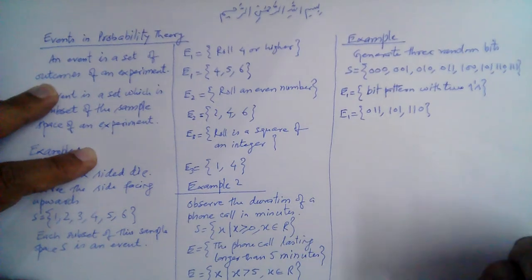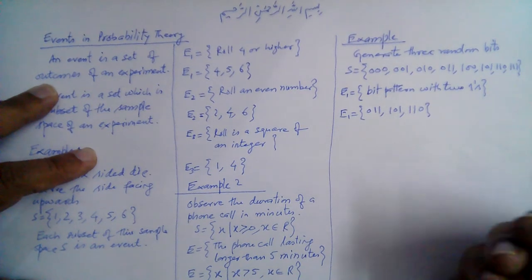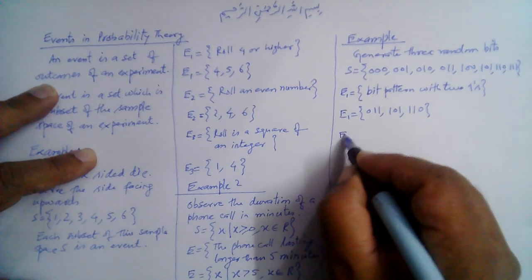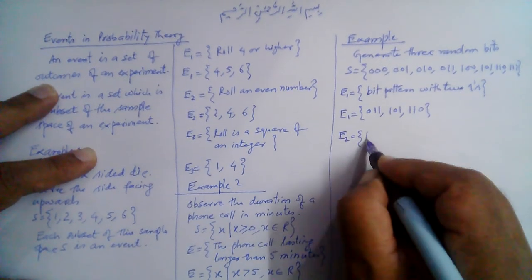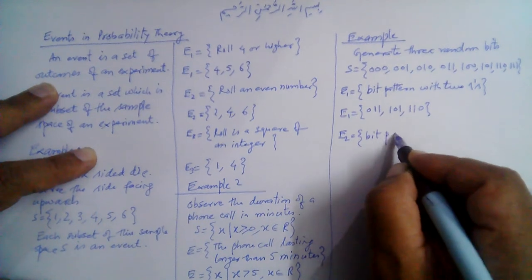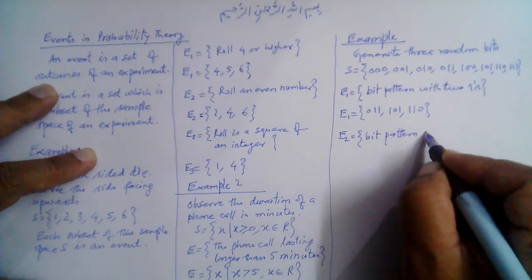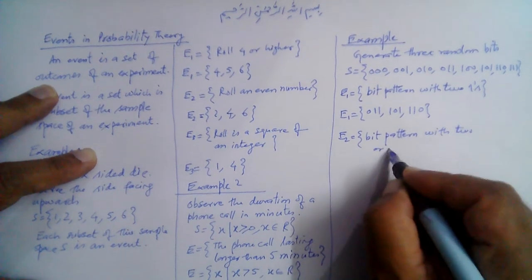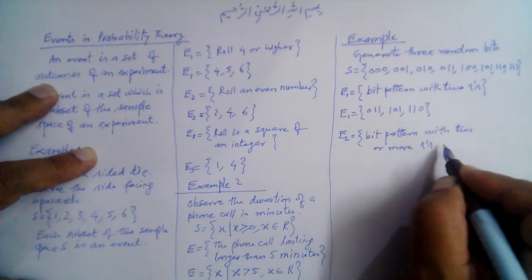So another possible event could be E2, bit patterns with 2 or more ones in them, right?